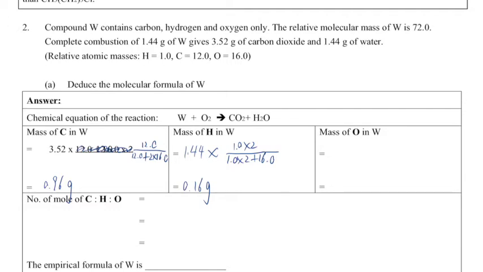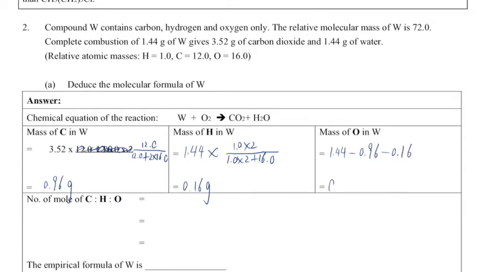So if we know the mass for carbon and the mass for hydrogen, and we also know the total mass for W, then the only thing left is oxygen. We can work out the mass for oxygen, which is 1.44 minus 0.96, the mass of carbon, and minus 0.16, the mass of hydrogen.